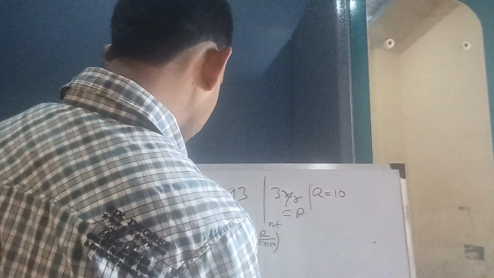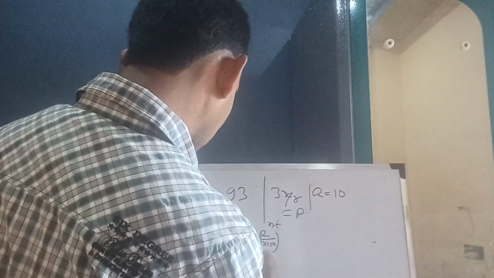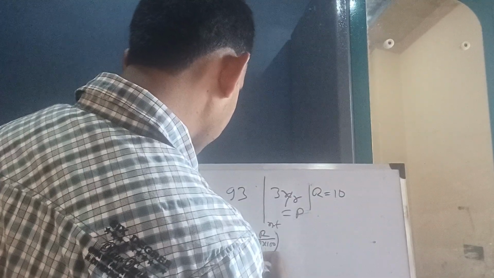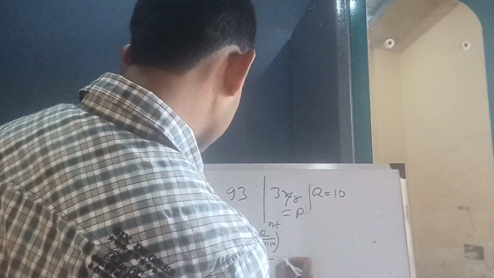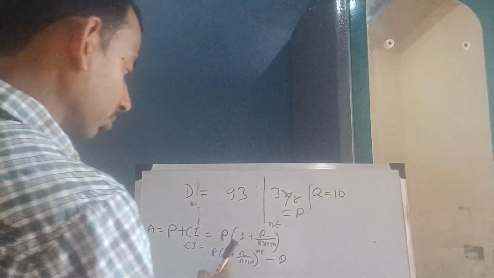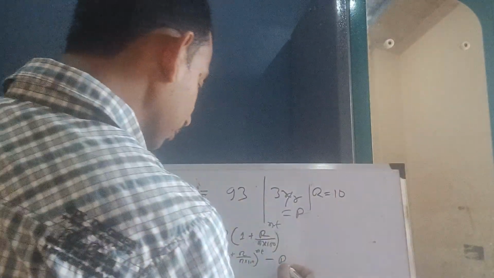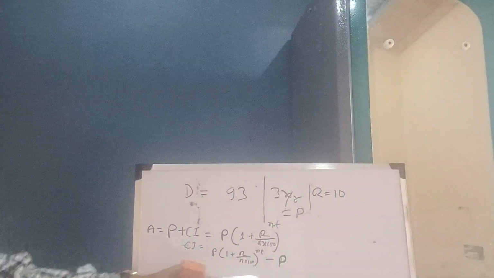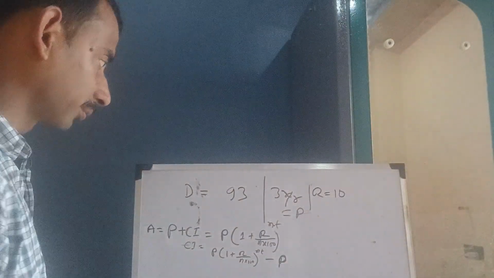From this formula, P into 1 plus R by n into 100, to the power n into T, minus P, because P plus CI equals this one. So CI equals this minus P. This is the formula. Now calculate.